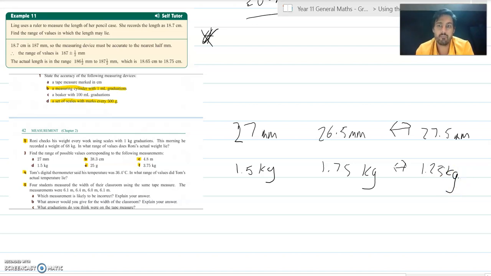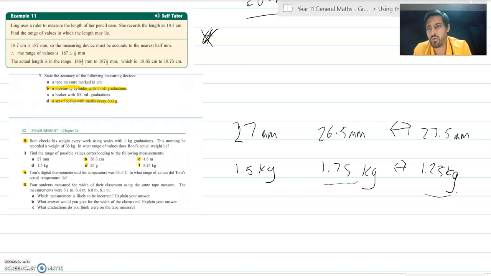In here, the smallest measurable unit is 500 grams, that's what we're measured in. So we need to add half of the smallest unit of measurement, which is half of 500, so 250, and we've added that on. We take it away. That's our upper and our lower boundary.